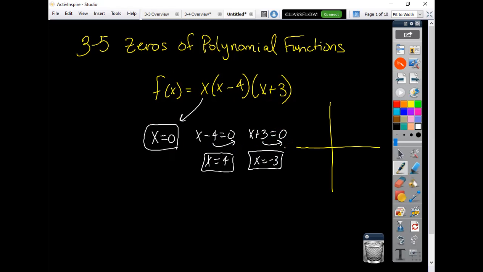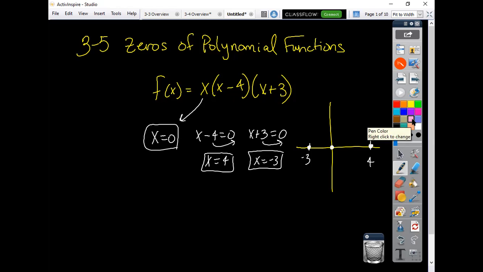So at all three of these points, negative 3, 0, and 4, the graph is at 0. Now the next thing becomes, where is it at all the other places? So in between negative 3 and 0, where is it? Well, you can always test and just see.